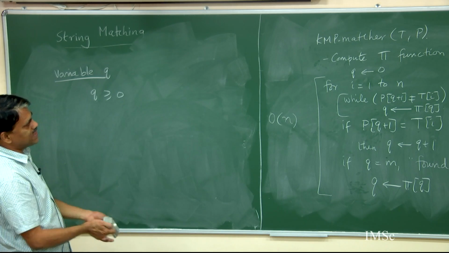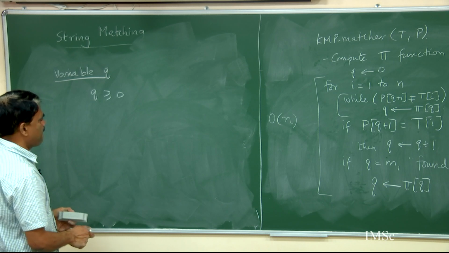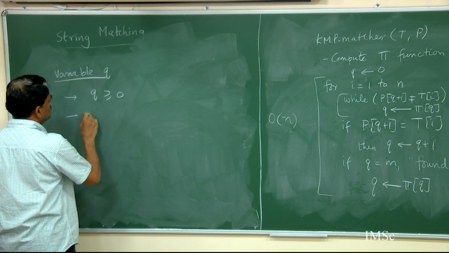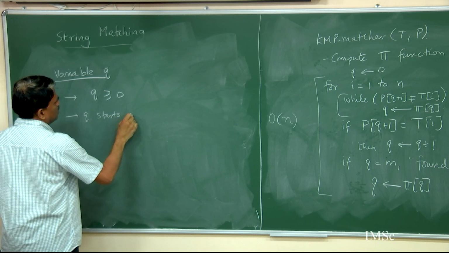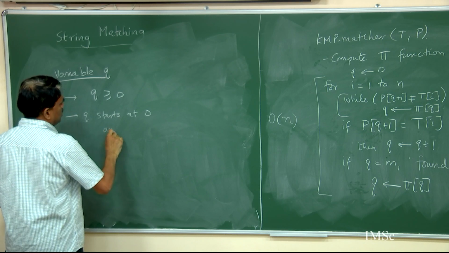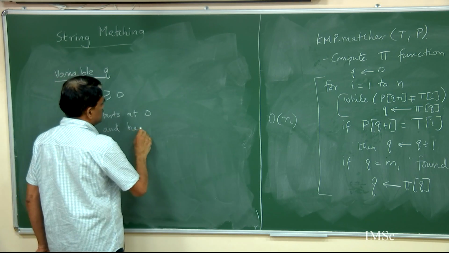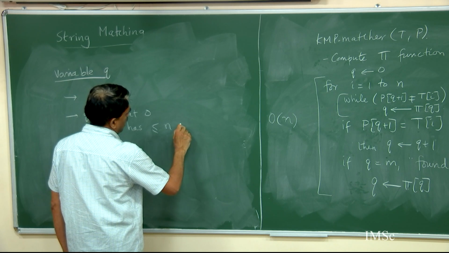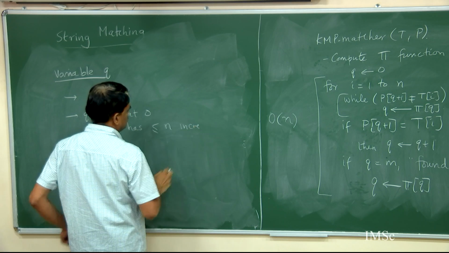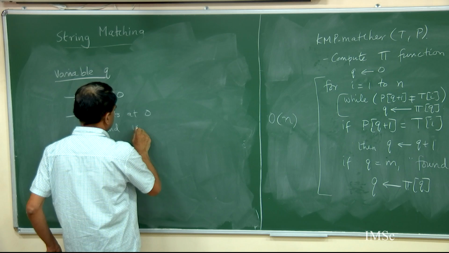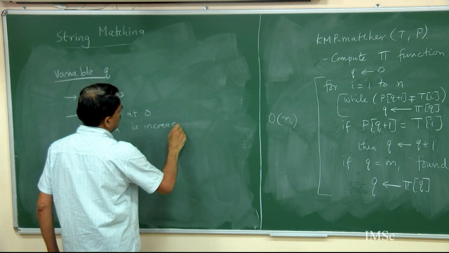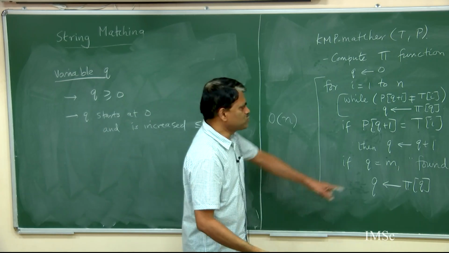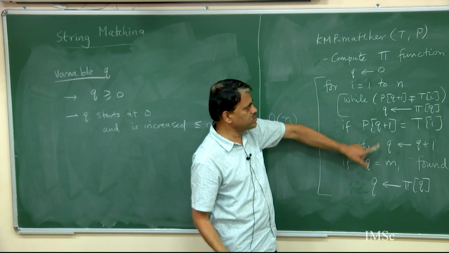How many times does Q get increased in one step of the for loop? Q starts at 0 and has at most n increases, and it gets increased only here, and that happens only once in each step of the for loop.